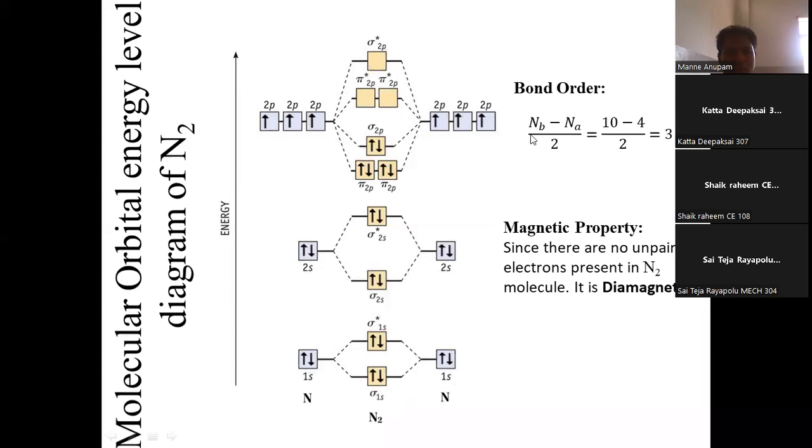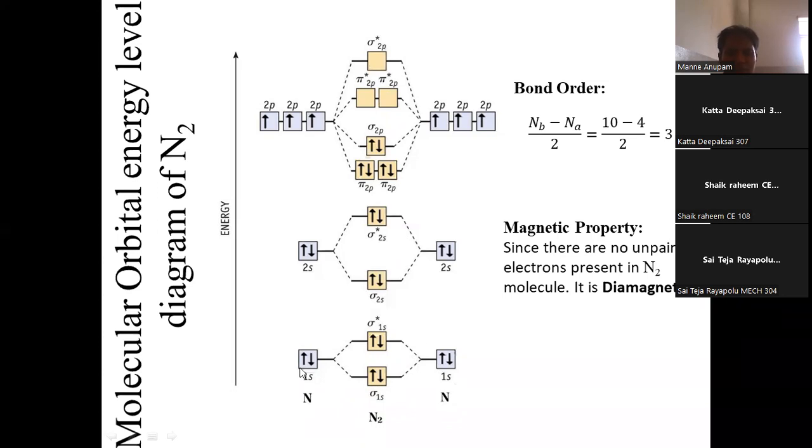Okay, so here we are able to see two nitrogen atoms combining to form nitrogen molecule.